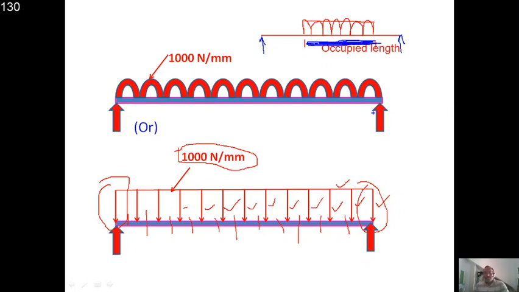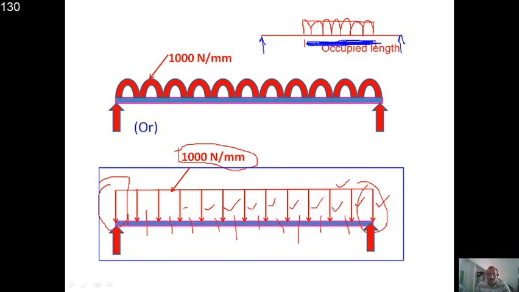So the UDL may not cover the entire span. In this figure you can observe the UDL is over the entire span, but in this figure the UDL is up to some distance only. So a UDL can extend over the total span of the beam, or it can be up to some distance of the span, but the intensity will be the same from the beginning to the end.